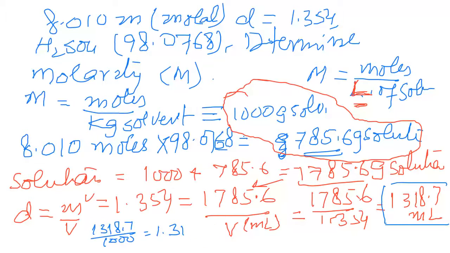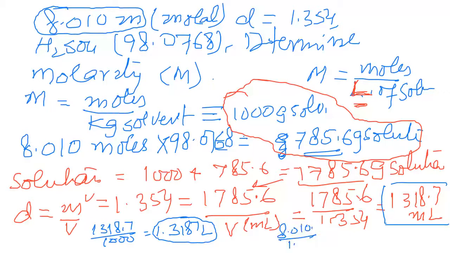And moles is the same, the moles you calculated. So 8.010 mole divided by 1.3187 liter of the solution, you will get molarity. So the molarity you get is 6.0739 capital M.